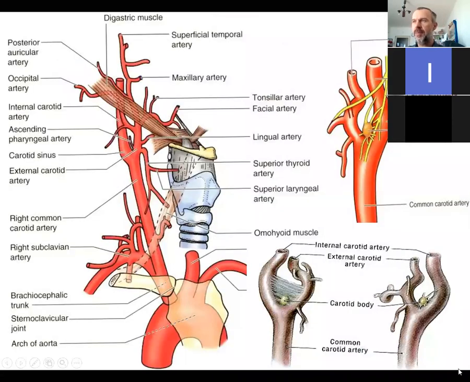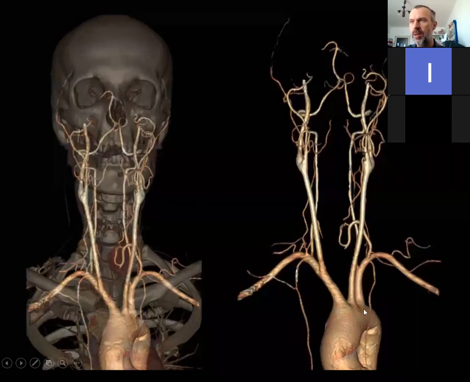So here you can see the level of the carotid body, the glomus caroticum. It's innervated by glossopharyngeal and vagus nerve. Yeah, so that's the carotid body here. And we can nicely see the area of the bifurcation. You can see that the beginning of the internal carotid artery is enlarged.